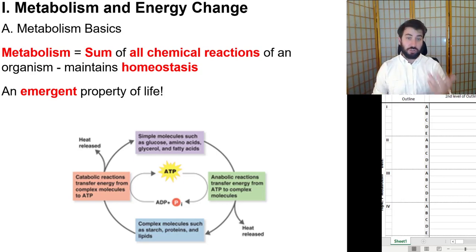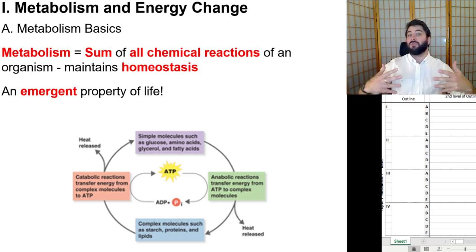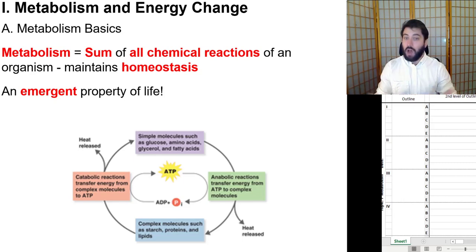So this is actually an excellent example of an emergent property of life, right? Any single one of these reactions by themselves doesn't necessarily lead to metabolism. But when you put all of these reactions together, now we're starting to see metabolism, this property of life.